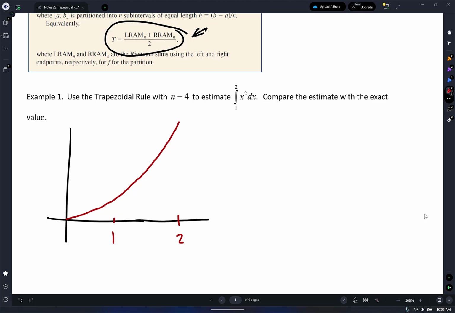How many trapezoids do they want? 4. So let's see. Here's my first trapezoid. I'm going to use burnt orange. Here's my second trapezoid. Third. And fourth.